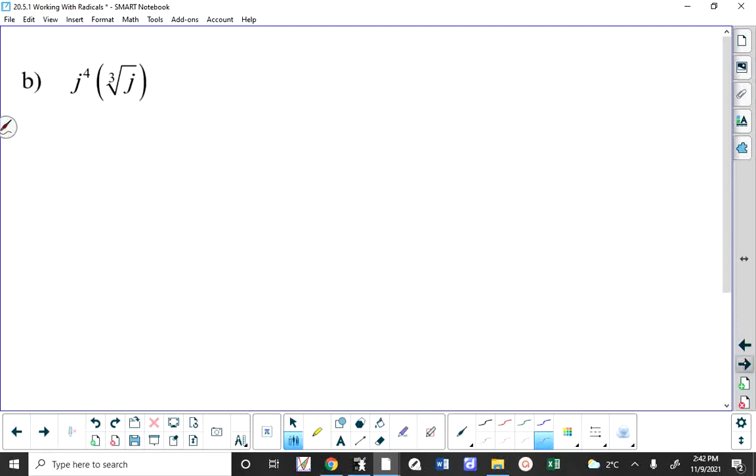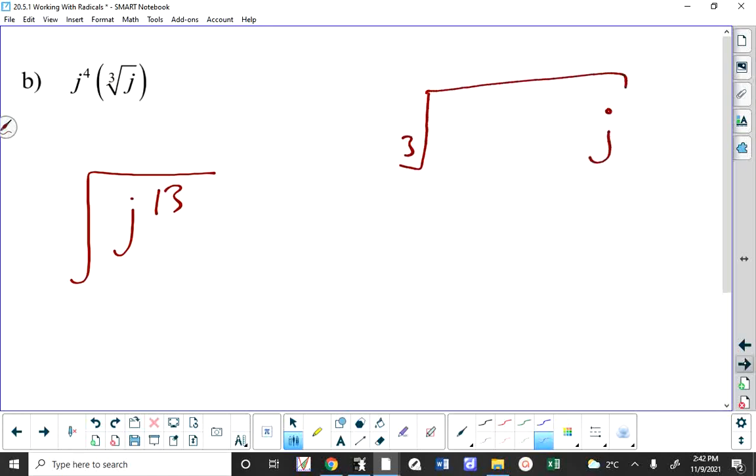J to the 4, cube root j. I don't know, I'm just curious. How many of you feel as though it should be j to the 13 underneath? This is a cube root. So there's my j that was originally there. Anything that was outside gets put inside 4 times.